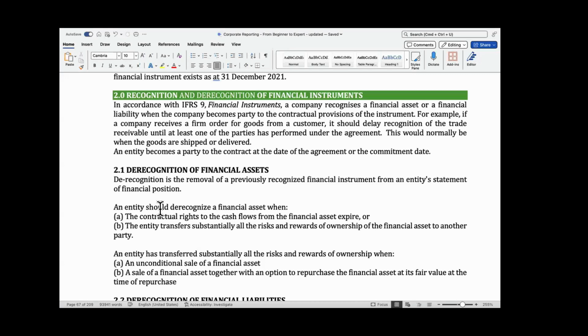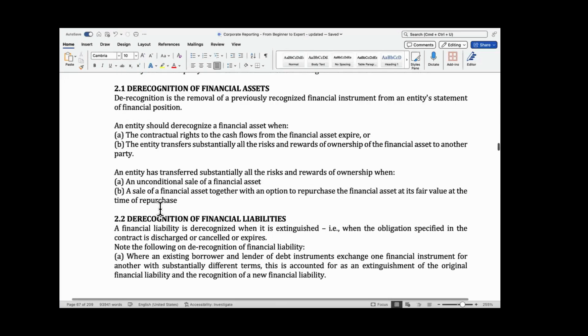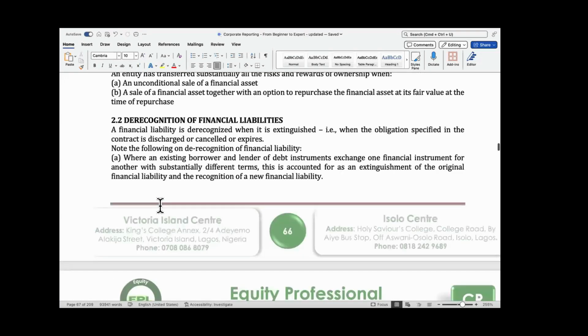And I told you that you become a party either at the date of agreement or at the date of commitment, either one. We also looked at the recognition of financial assets. I won't go over this because I've revised it before.